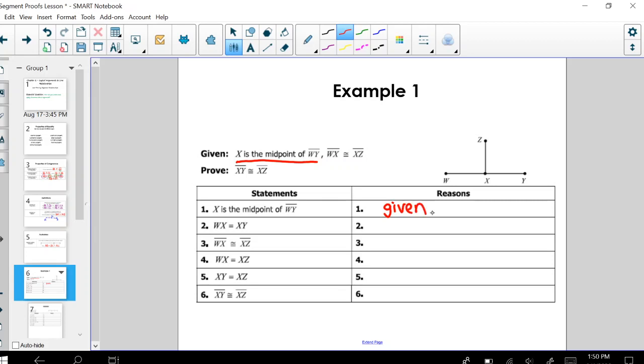Okay, so now it's telling me that WX equals XY. And what is the reason that I know that? Well, if I look at the information I have in number 1, I know that WX is equal to XY because that's the definition of a midpoint.